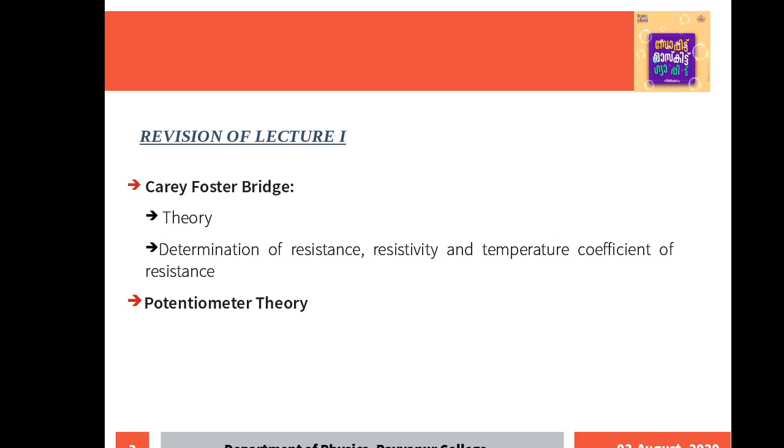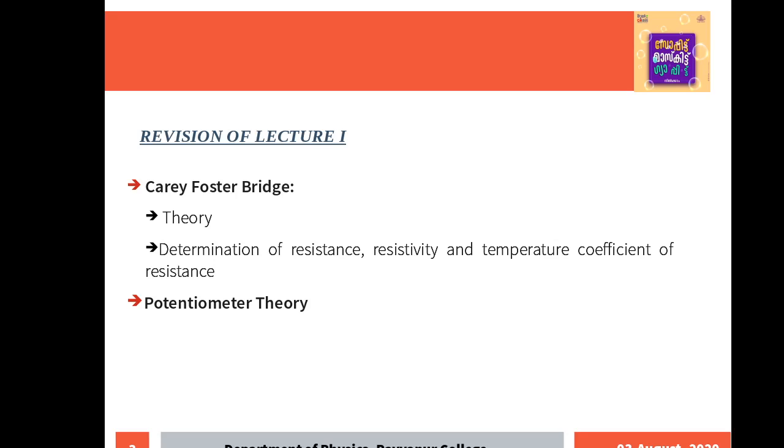So, we didn't add it in the fundamental quantities. But if you measure the voltage and current and obtain the resistance, the value of resistance may not be proper. There will be more error in the reading. In order to reduce that error, we used some other methods.